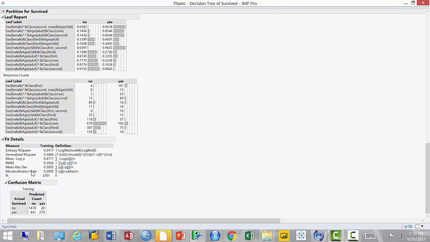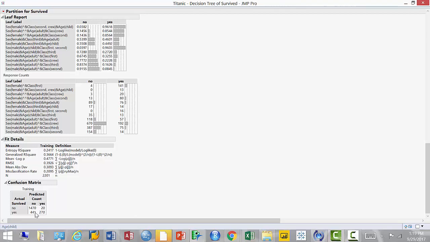So, fit details. One of the most popular, hands down, performance measures for classification problems, such as this one, a classification tree, is the misclassification rate. So out of 2,201 observations, I classified incorrectly 20, right? I said yes when they were actually no's.